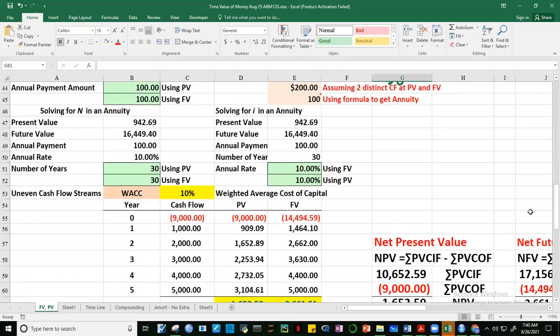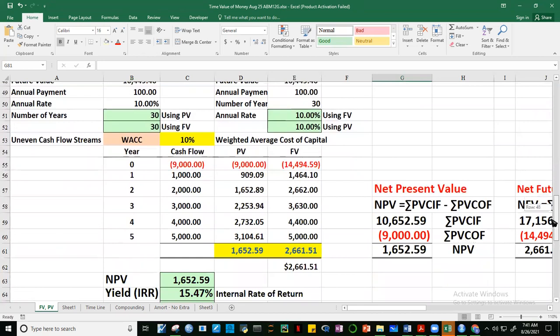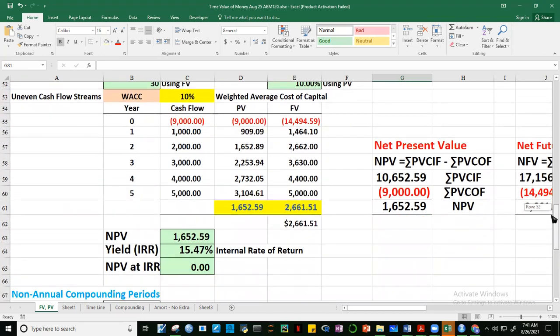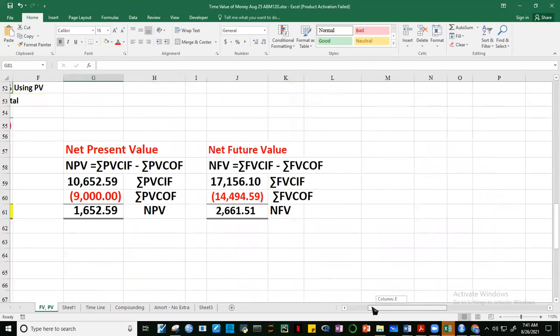Now, last time we learned how to compute for the net present value. So we know now how to evaluate a project given their cash flows and determine whether that project is feasible or not based on the use of the net present value or the net future value.